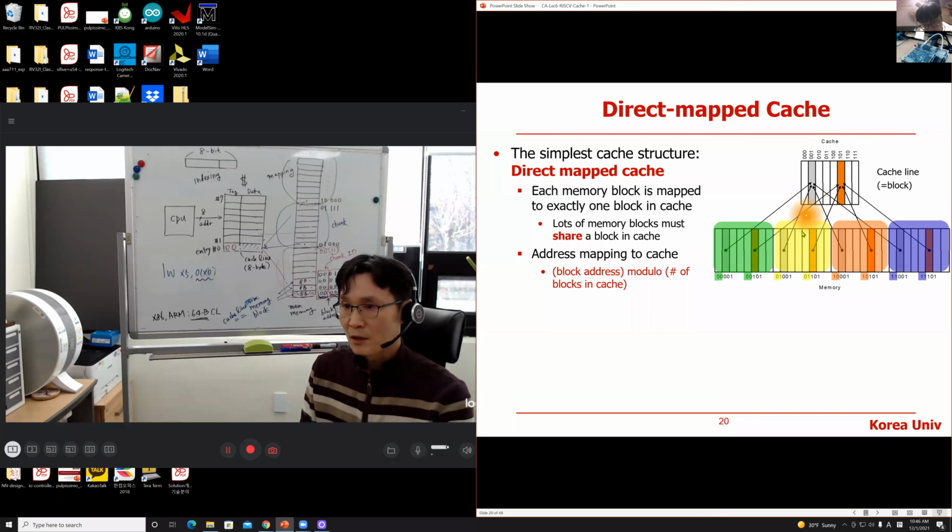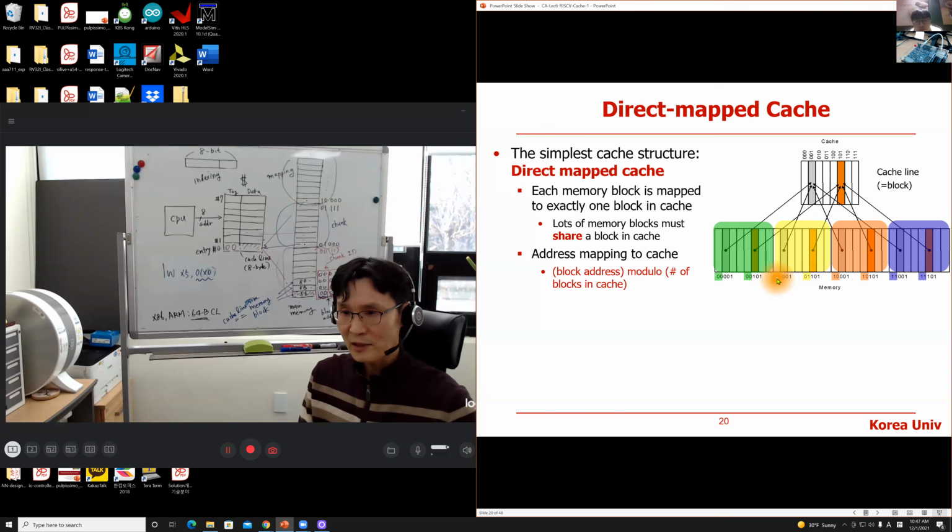Then you don't have to record the whole block address. The chunk ID, the first 2 bits, is enough information to differentiate where it came from. This memory block came from green or yellow or orange or purple, right? That's 2 bits. First 2 bits, sorry.